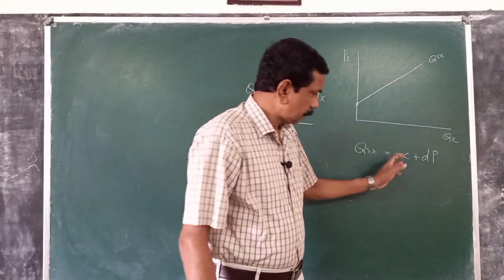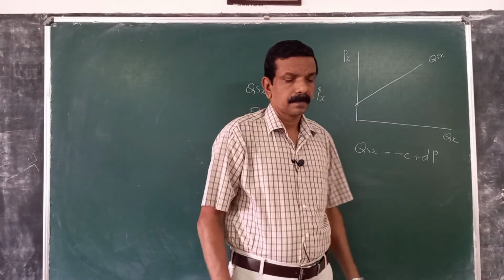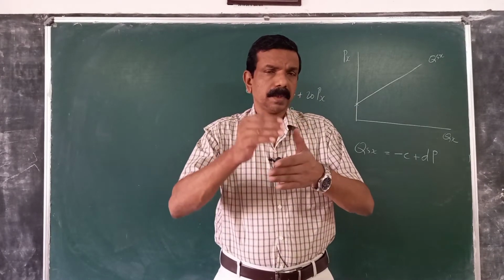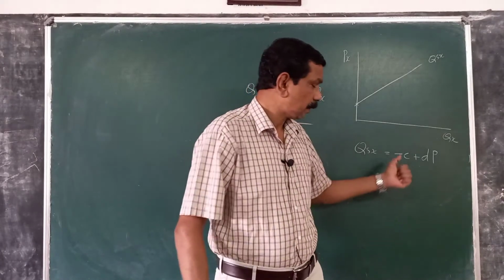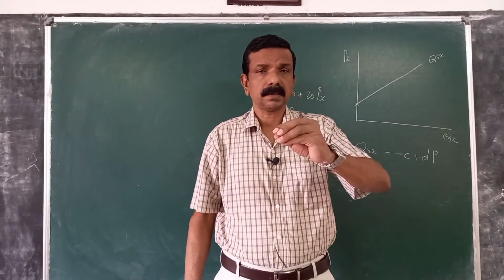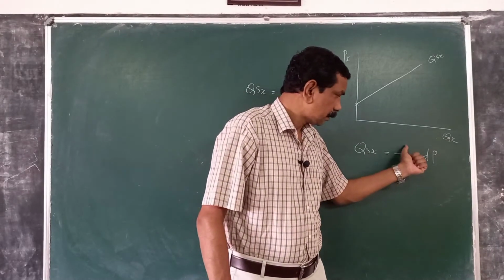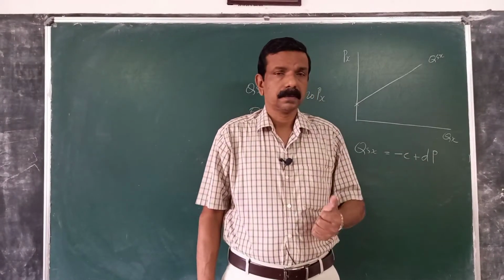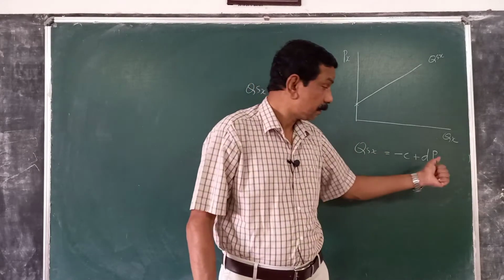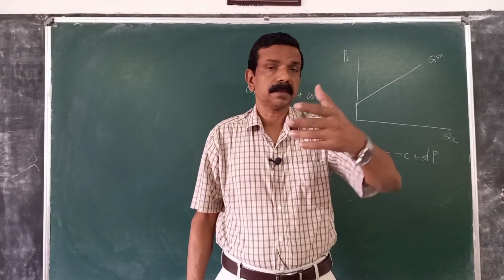Now, as you can see, C is negative here, and there are many interpretations of why this C is negative. For the first, as an introduction, let me say this is to ensure that supply will not be forthcoming unless price is sufficiently high.